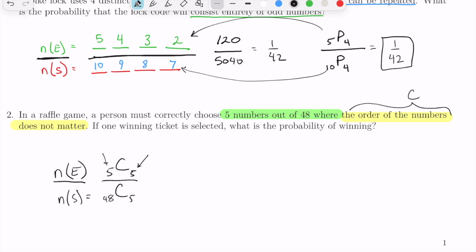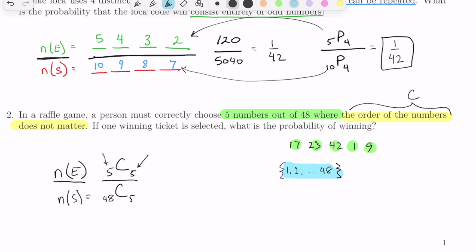If there are 5 winning numbers, let's say the winning numbers are like 17, 23, 42, 1, and 9, right? If those are the 5 winning numbers, out of all of the numbers from 1 to 48, then I want to actually choose these 5 numbers. So that's a subset of all 48 numbers. And so I want to choose those 5. So out of those 5, I have to choose all 5.